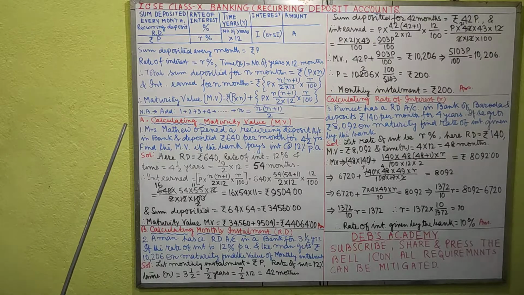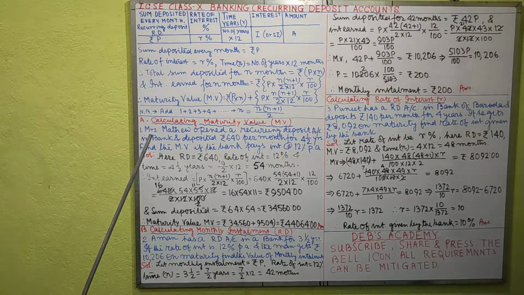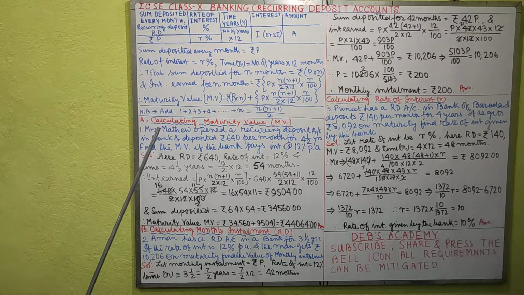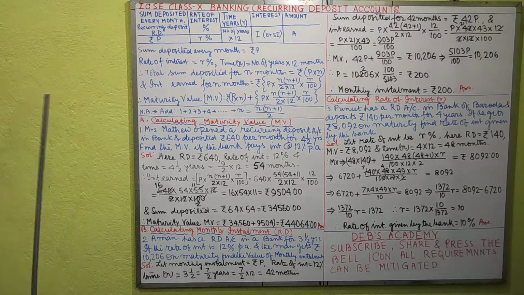The sum which is deposited monthly, usually the amount is equal for all of the months. This is known as recurring deposit. The rate of interest is calculated, and the percentage of rate is per annum, that means yearly.